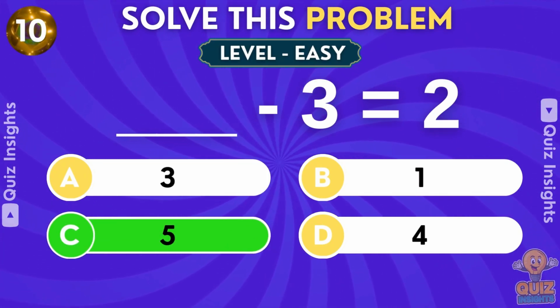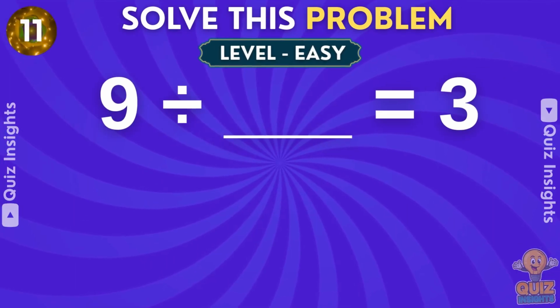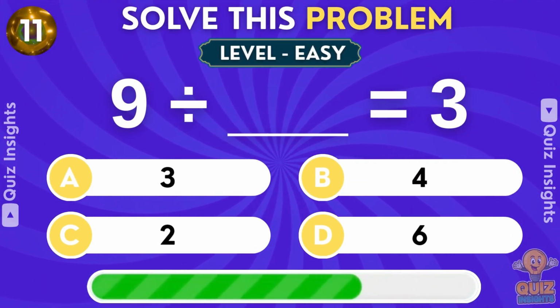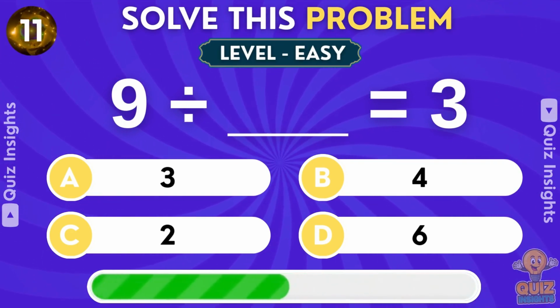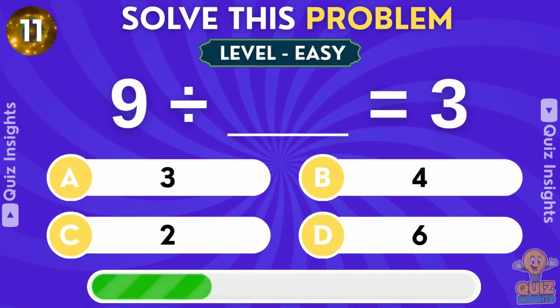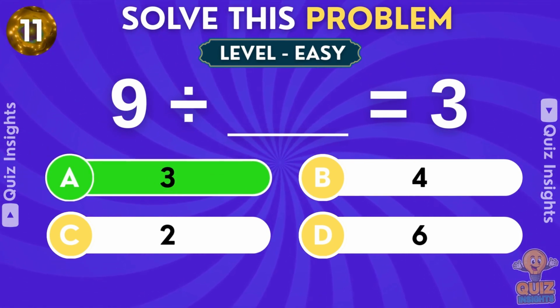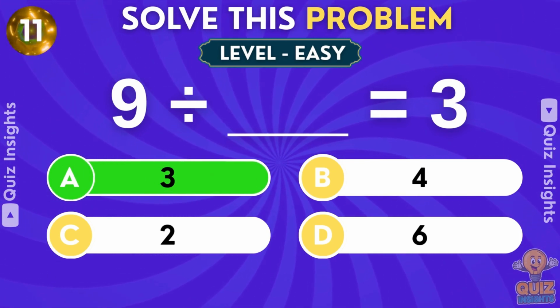Yes, it's 5. 9 divided by what number equals 3? Yes, the correct answer is 3.